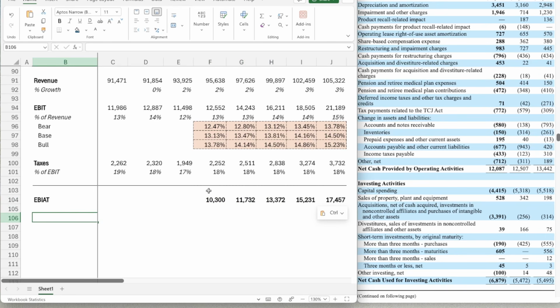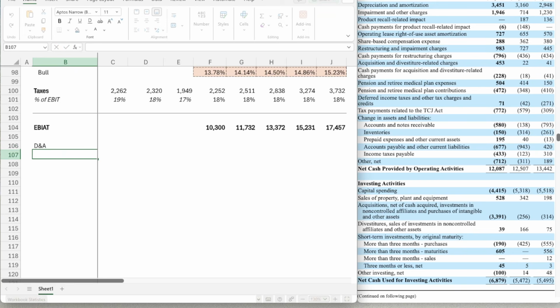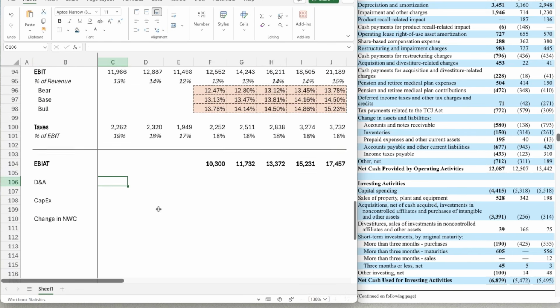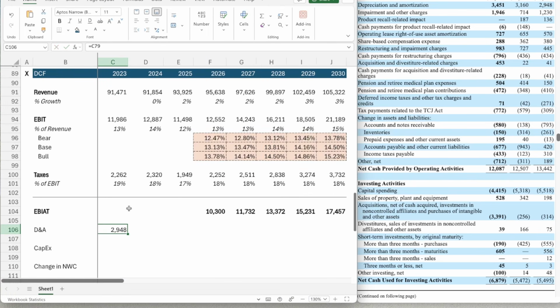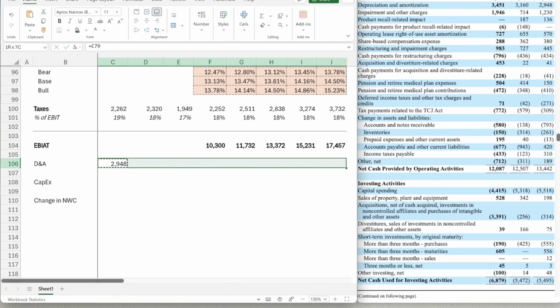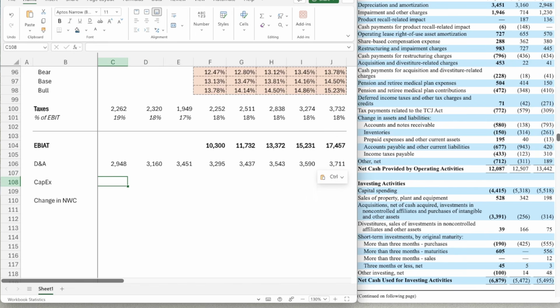Now you bring back in your cash flow items, D&A, CapEx, change in net working capital, there we go, CapEx.